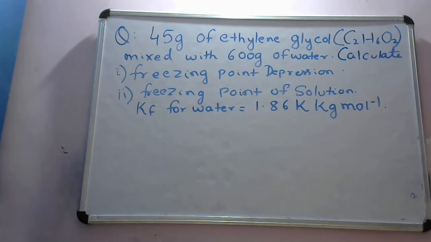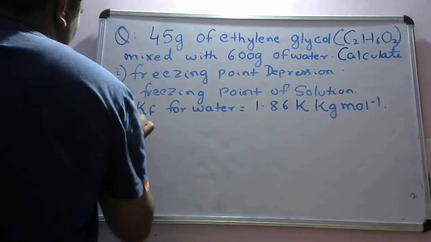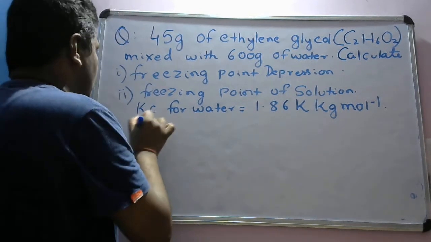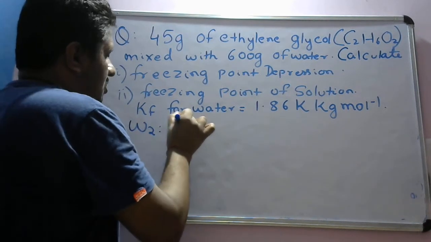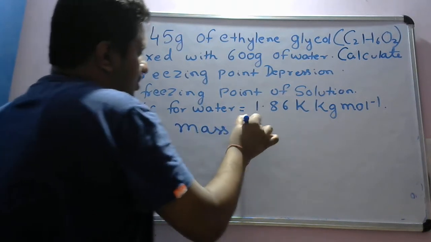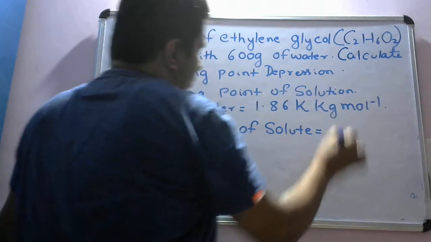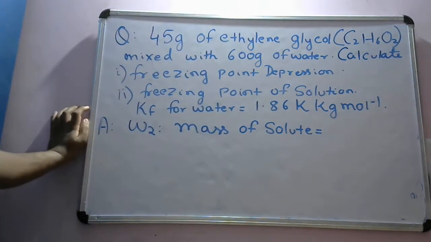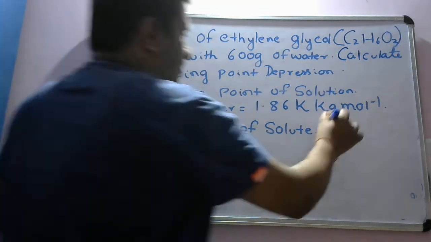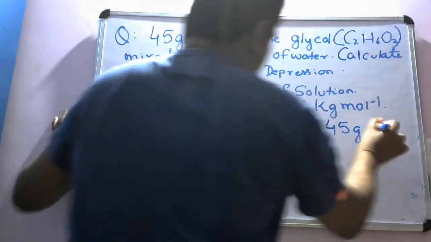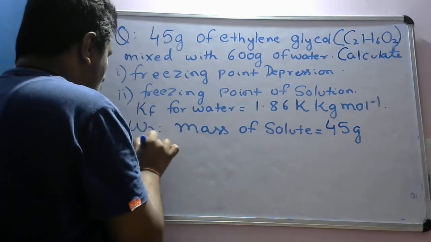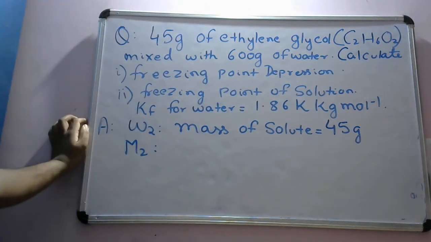Now first of all we need to write down what is given to us. First one is W2, the given mass of solute. Solute is our ethylene glycol. So W2 is given to be 45 grams. M2 means molar mass of solute.